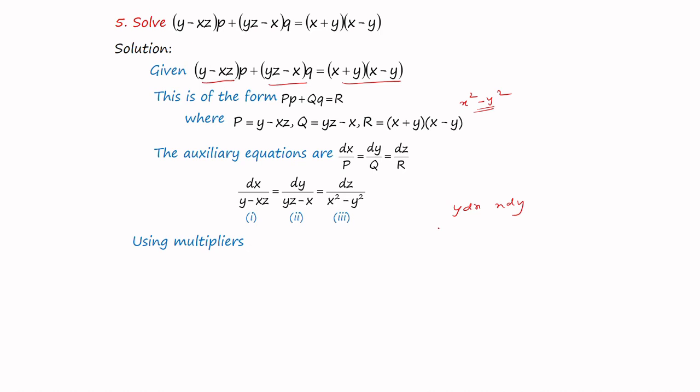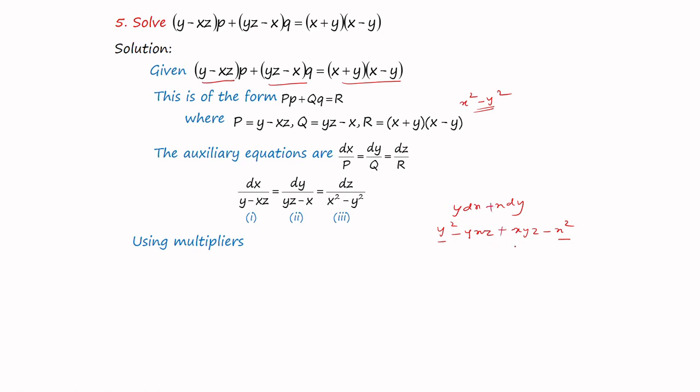What happened? y squared minus xyz, and we have to take this term by x, because x squared and y squared are there. Otherwise, when adding, the terms get cancelled. That's why we change it to another way. Here we multiply this by x, so we get xyz minus x squared, and here xyz minus x squared. When you add these two terms, this gets cancelled.